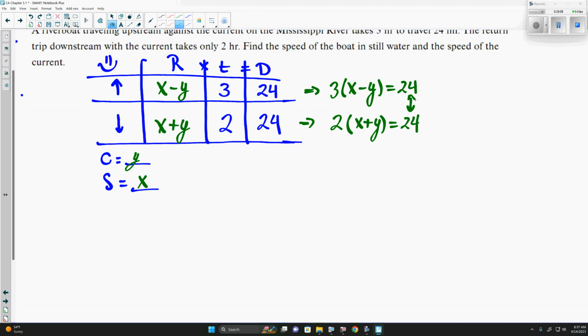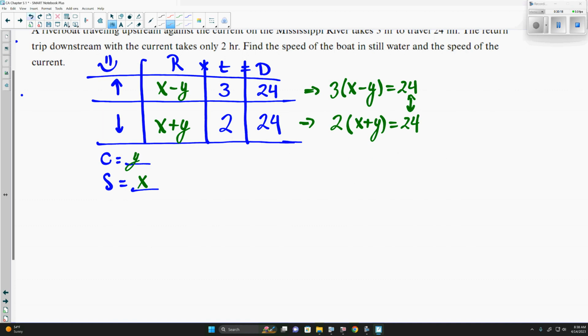So what that means for us is that we can set them equal to, well, yeah, I take that back.